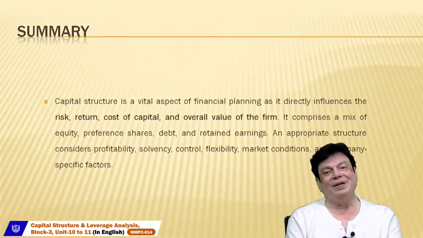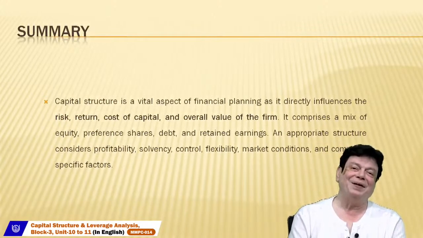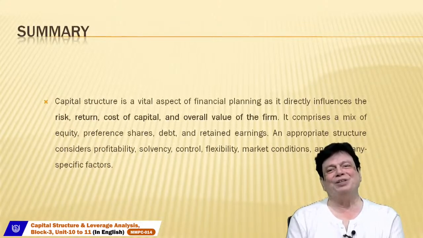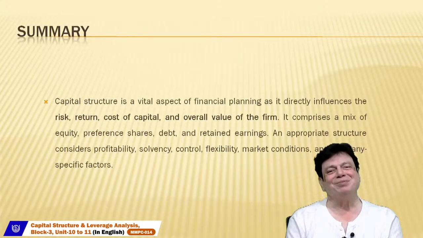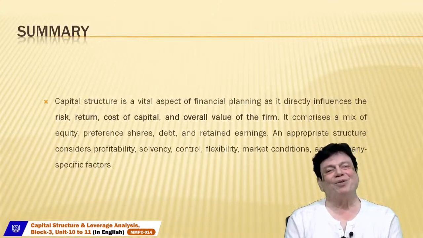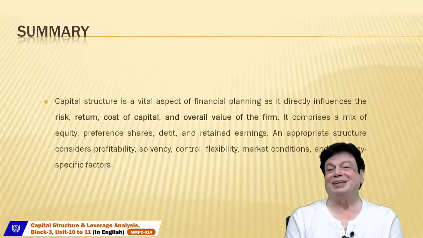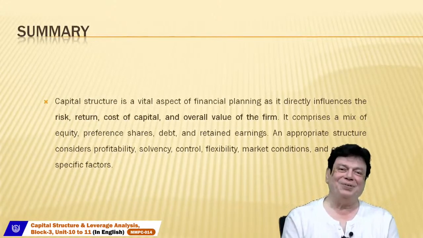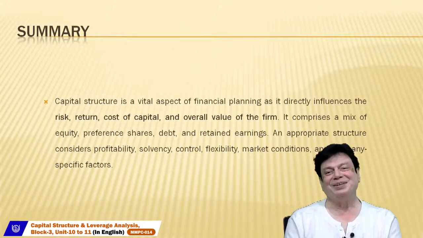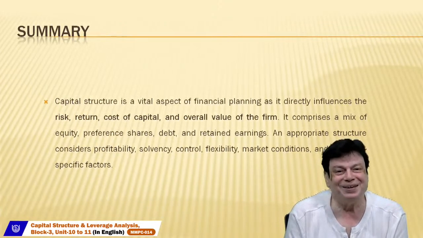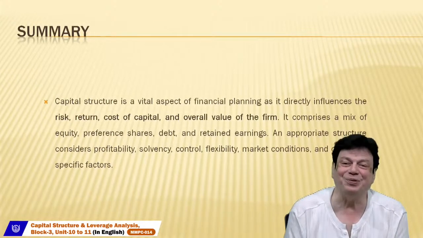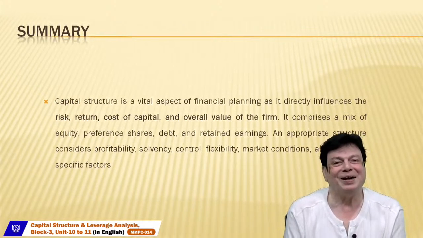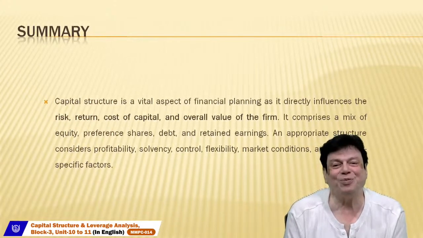Now the company has to decide how many shares they will issue, how much money they should get by issuing debentures, how much they should borrow from the bank, and how much they should borrow from financial institutions, etc. So this structure should be such that by these borrowings, the company should be in a position to pay the interest to the banks, financial institutions and debenture holders, and pay a dividend to shareholders. And the company will be in a position to pay all these things if it is going in profit.